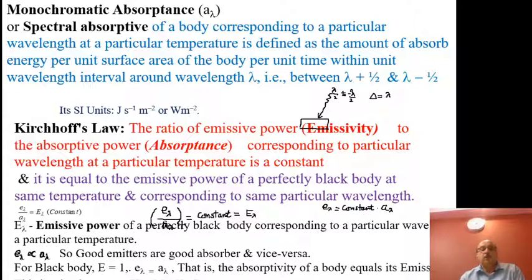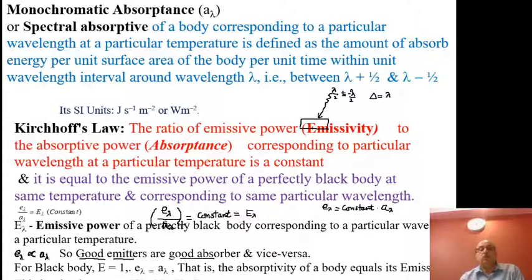It means a good emitter is a good absorber. So Kirchhoff's law can be said as: good emitters of radiation are good absorbers of radiation, or vice versa.